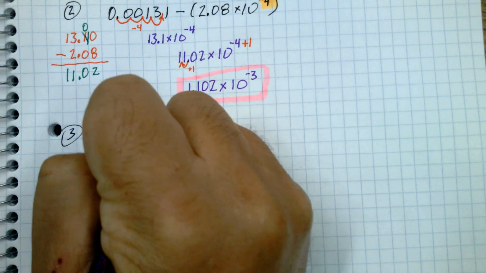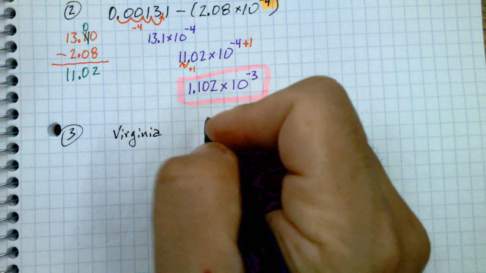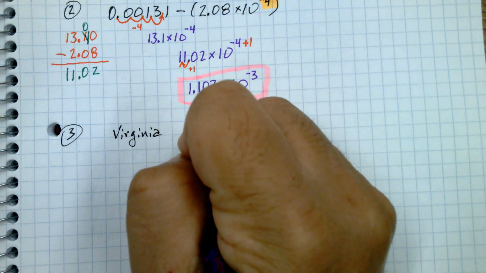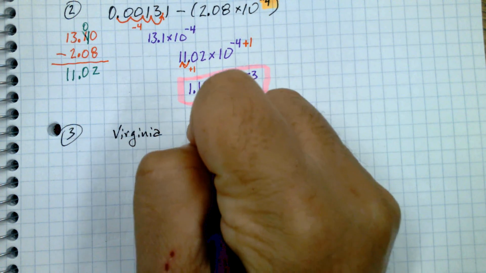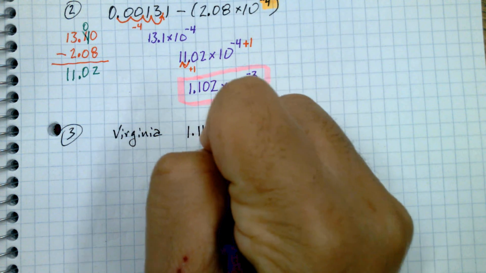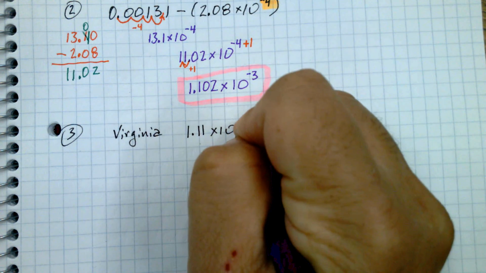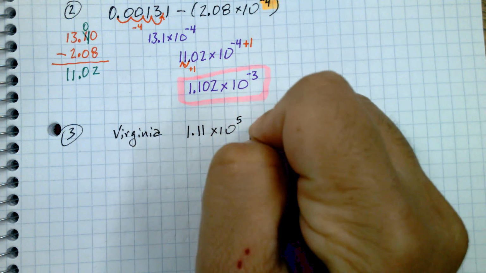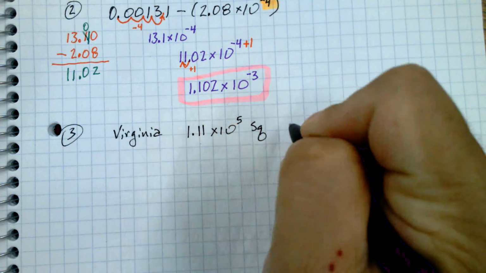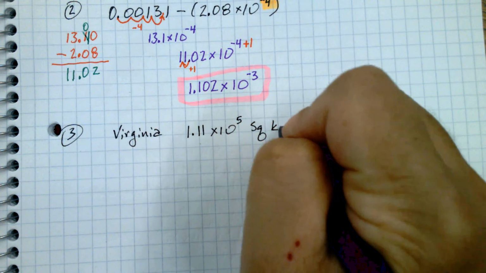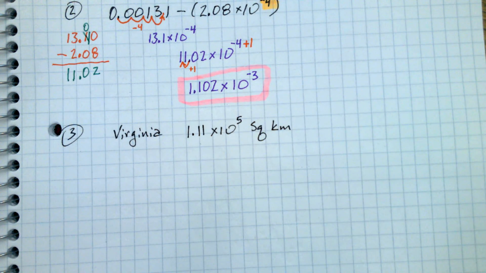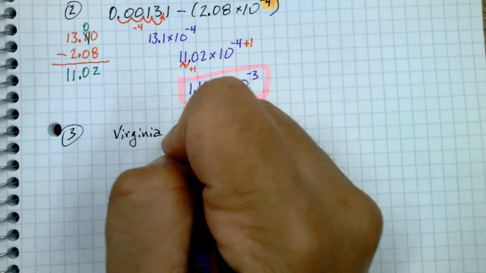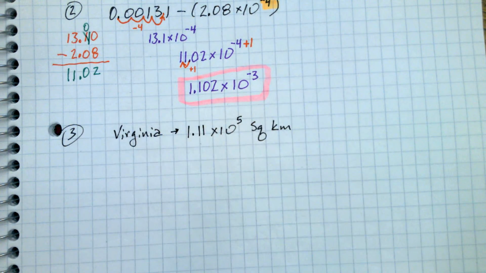A lot of history there. 1.11 times 10 to the 5th square kilometers, sorry. This is the area of Virginia. 1.11 times 10 to the 5th square kilometers.